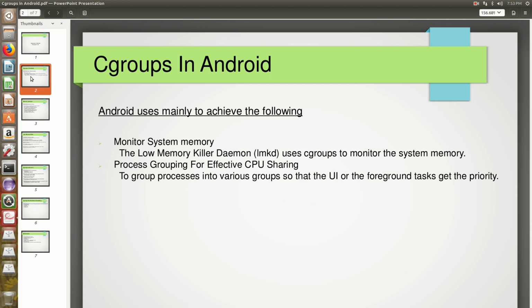Android uses cgroups to achieve this. A traditional myth is that Apple has a UI thread running with higher priority over other things, and Android doesn't have it. But if we follow the Android sources clearly, we see that the foreground tasks have a higher priority over the background processes. Anyway, let's move on to the next thing.